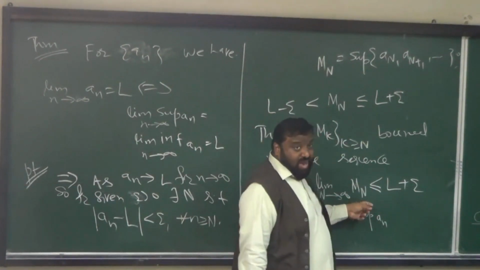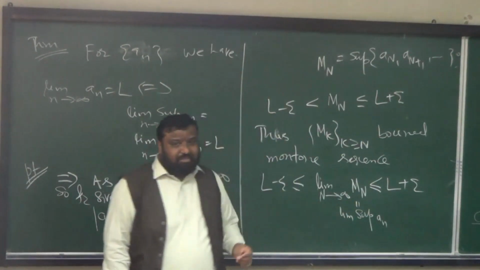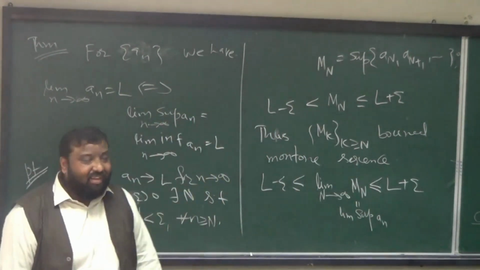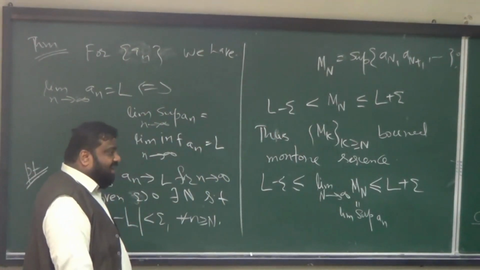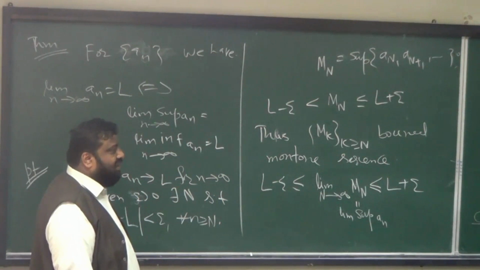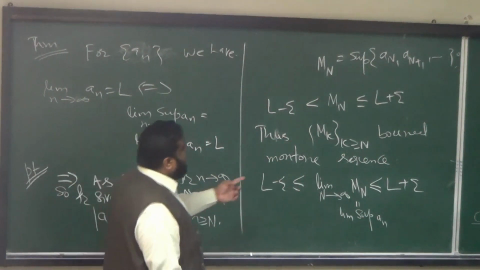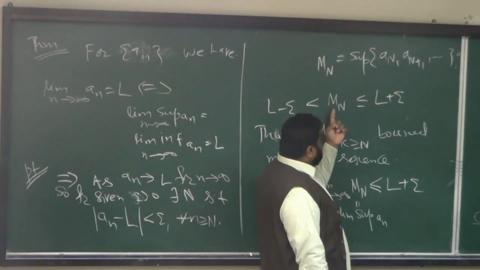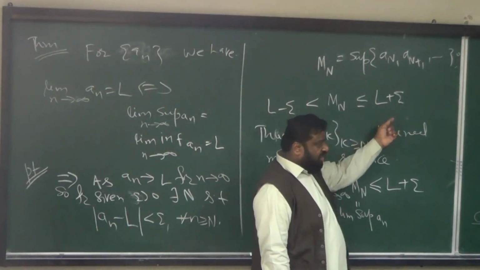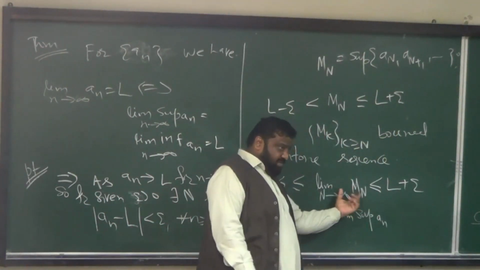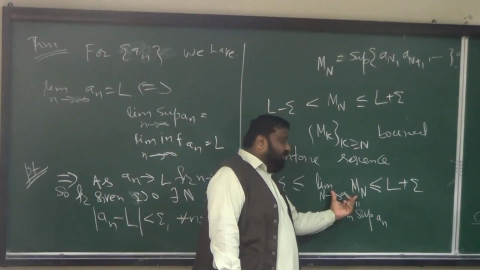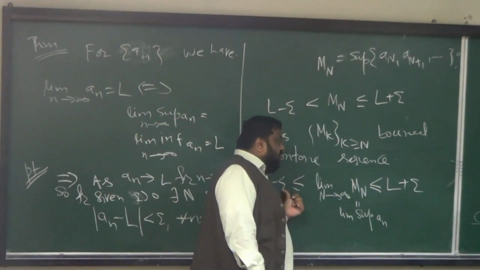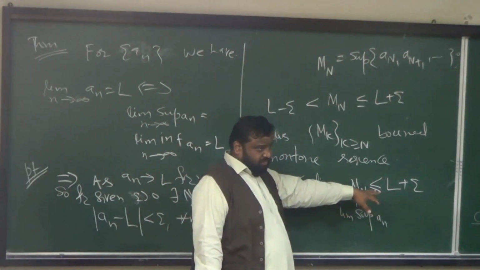But think about why this should be equality here. We are saying this because we do not take the supremum. Just as we were saying here that this supremum must be bigger than L minus epsilon, but it can equal L plus epsilon, this infimum can equal L minus epsilon, but it should be strictly less than L plus epsilon.